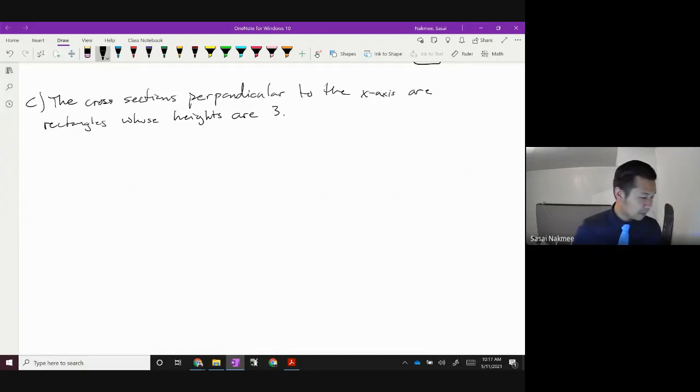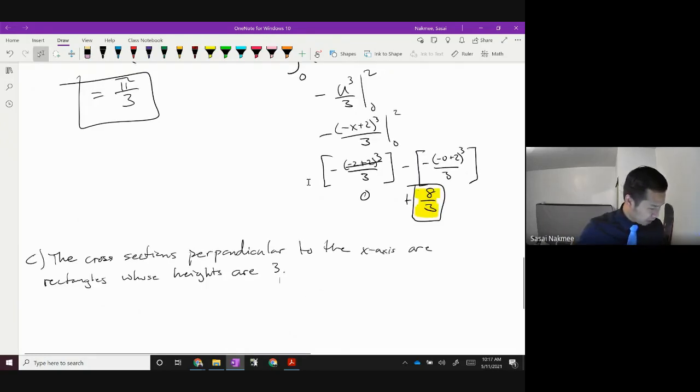So this time they're going to be rectangles instead of semicircles or squares. And the heights are set. They're constant heights all the way through.